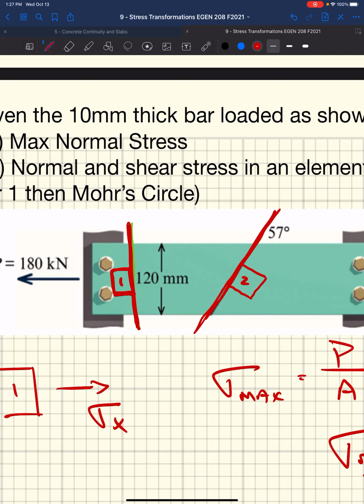We're going to look at this little block of material that's oriented normal to that cut, and we're going to look at what the stresses are. So this guy's going to have some normal stresses and some shear stresses, something like that potentially. We're going to calculate those.